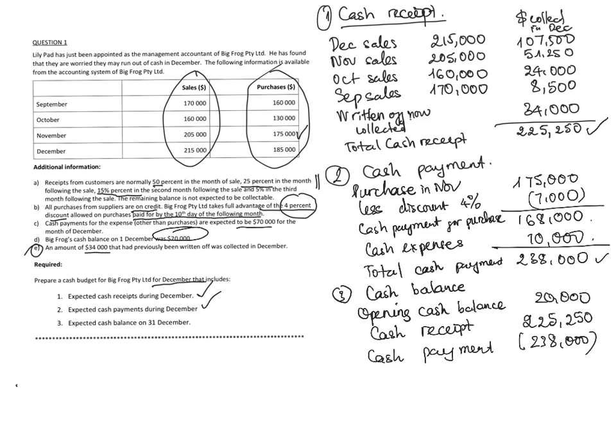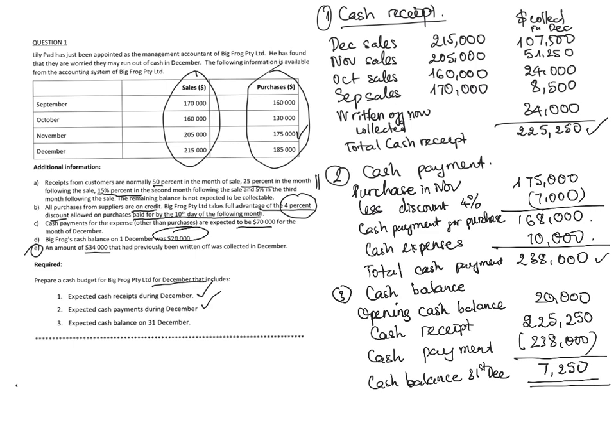You can either work out total cash available and then less cash payment, or you can do it like this and add them all, because I already put the cash payment in brackets. So you have the cash balance at 31st December, which is 7,250.